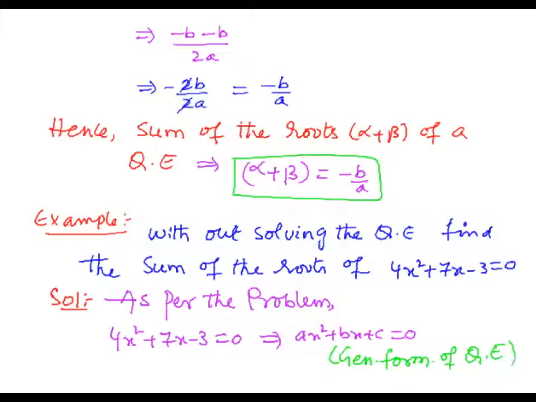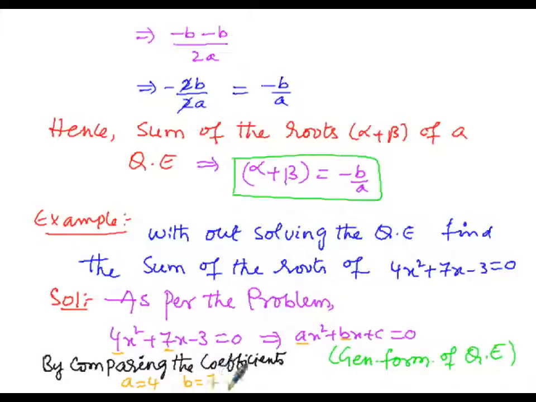Now by comparing the coefficients, x square's coefficient is a, and here x square's coefficient is 4, so we can write a as 4. Here x coefficient is b, and here x coefficient is 7, so we can write b as 7. Then c is a real constant, but it is negative 3, so c equals minus 3.